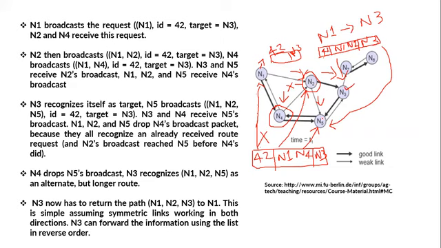Then it goes to N5. N5 checks whether it's a duplicate packet. Yes, it's a duplicate because just before, it received the packet from N2. Let us assume N5 has received N2's packet earlier than N4's, and then it is receiving N4's.